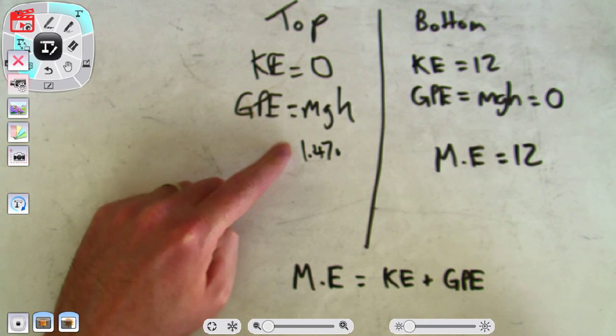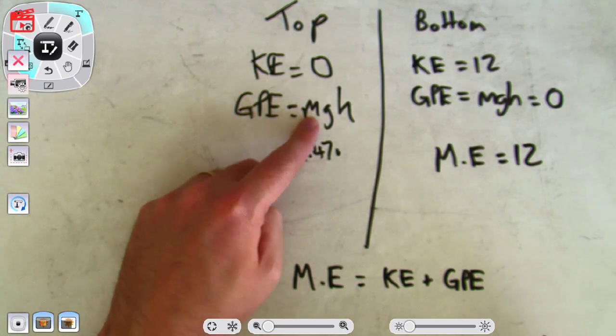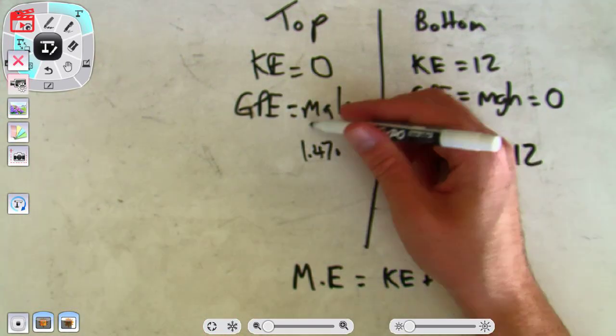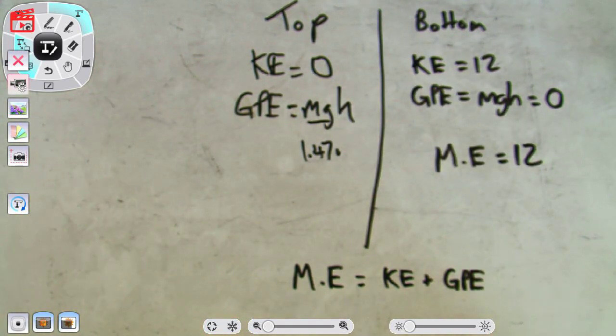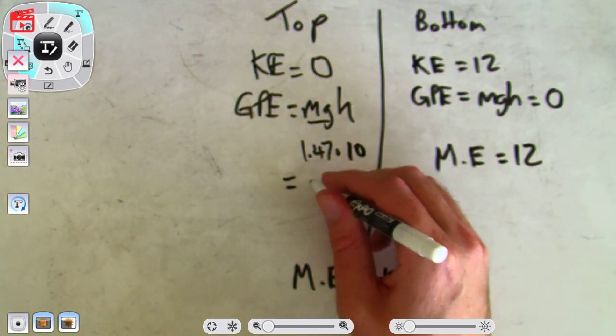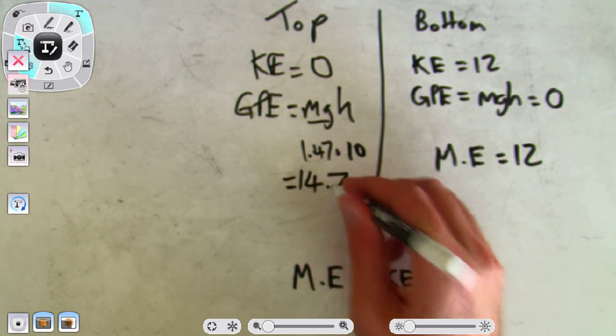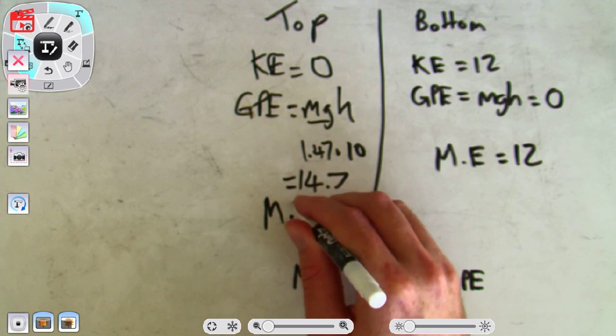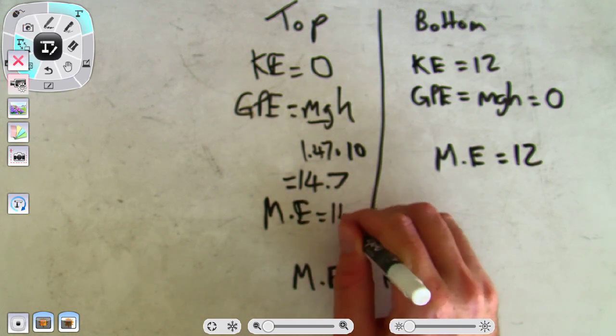They didn't give us the mass. They didn't give us the gravity, they gave us the weight, which is mass times gravity. Height is 10, so therefore my GPE is equal to 14.7. Well, if we look, kinetic energy plus gravitational potential energy at the top means my mechanical energy equals 14.7.